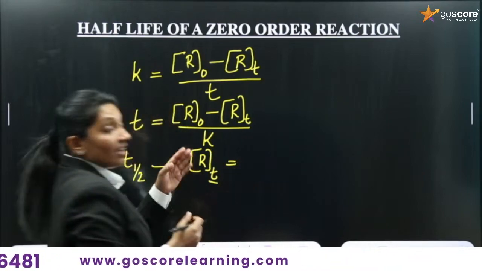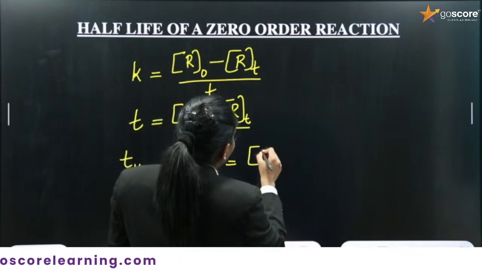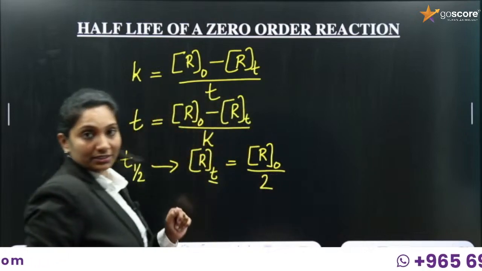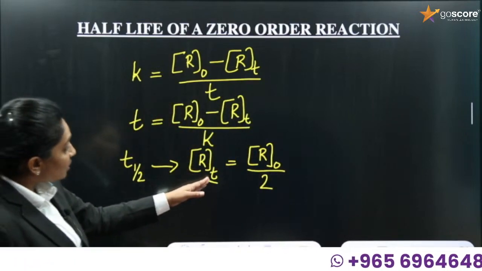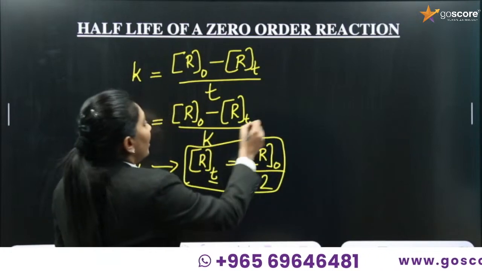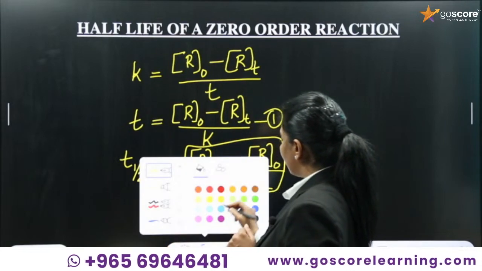It will be half of the initial concentration, that is RT is equal to R0 by 2, isn't it? So when I substitute this RT equal to R0 by 2 in this equation, what will I get there?